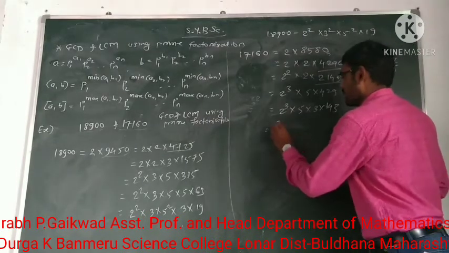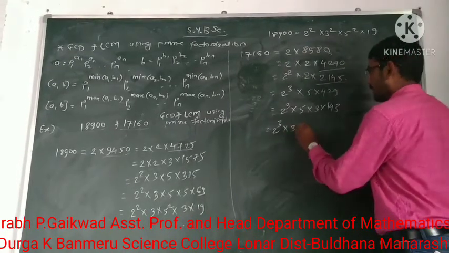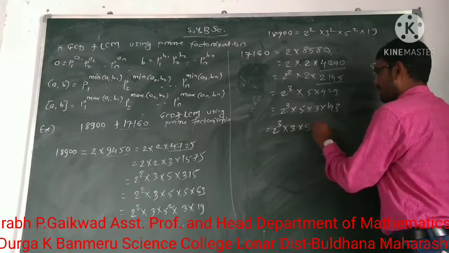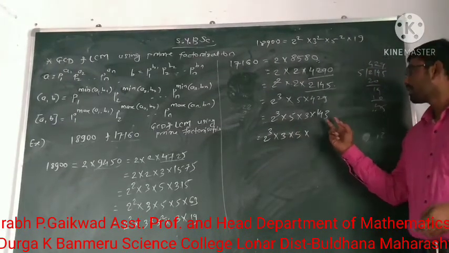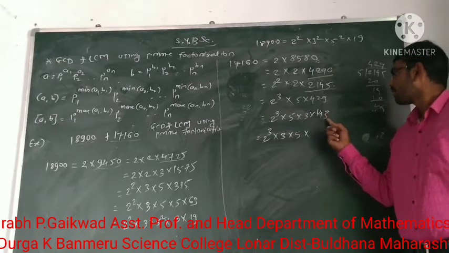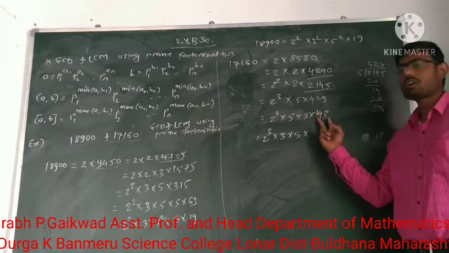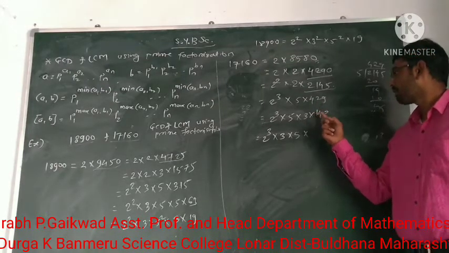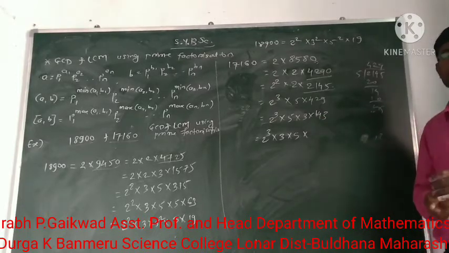This is equal to 2 cube into 3 into 5 into, now we will test divisibility by 11. Now 3 and 1 are at odd places: 3 plus 1 is 4. Minus 4, which is at an even place. So the difference between the even place and odd place sum is 0.